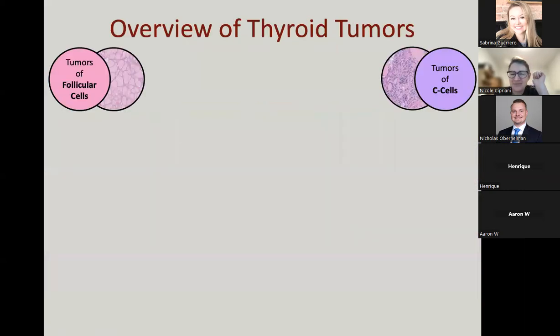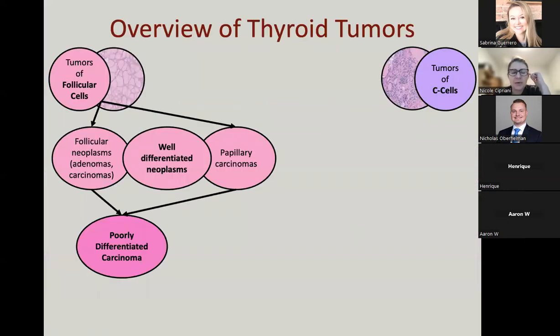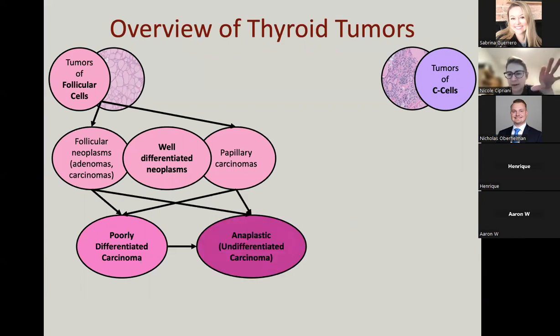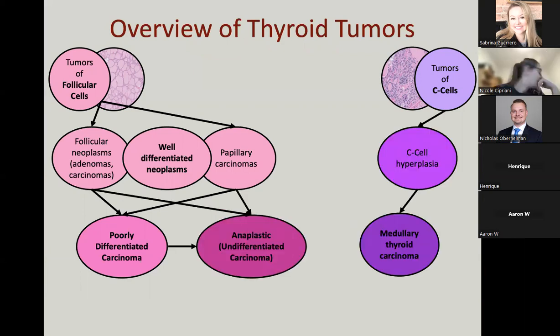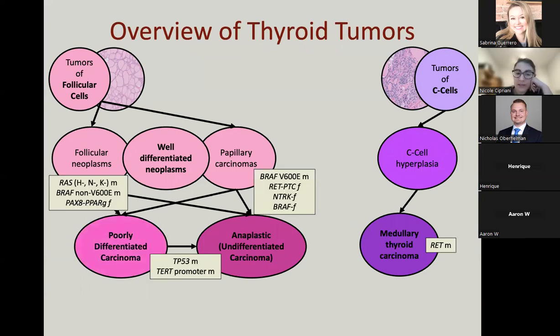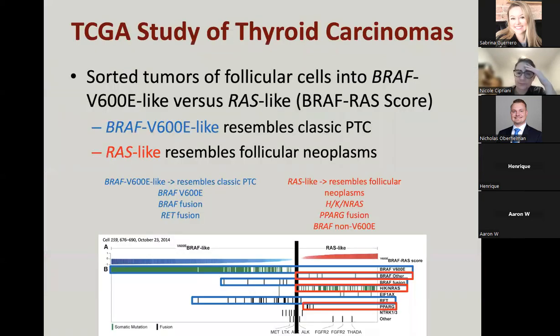So, if you remember, tumors of follicular cells are sorted into the well-differentiated neoplasms, the papillary and follicular, and then the high grade. And then the C cells are medullary, okay? We can sort these based on genetics, into the BRAF-like and the RAS-like.